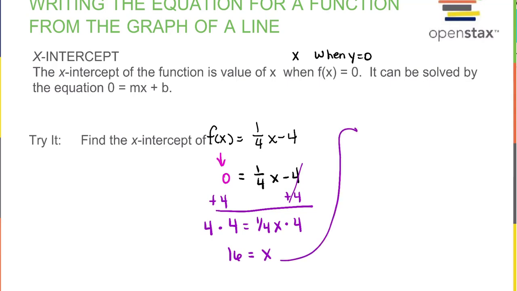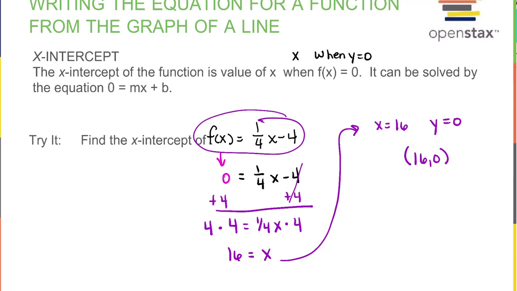This is the x-intercept. So it is 16 when the y equals 0. So this is the point 16, 0. So what this means is this graph crosses the x-axis at the point 16, 0. That's what that means. Big picture.